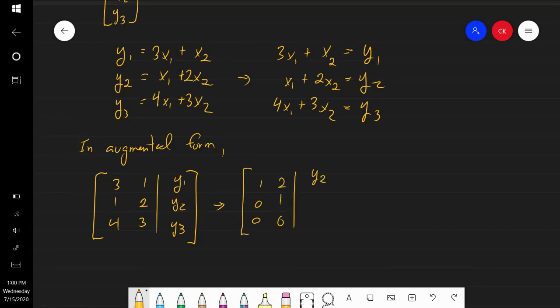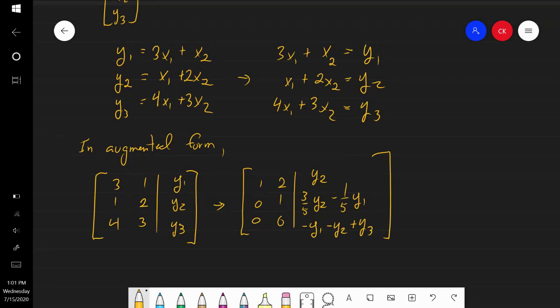So then you would have y2. You get 3/5 y2 minus 1/5 y1. And in the bottom row, minus y1 minus y2 plus y3. And it's this bottom row that is of the most interest to us.